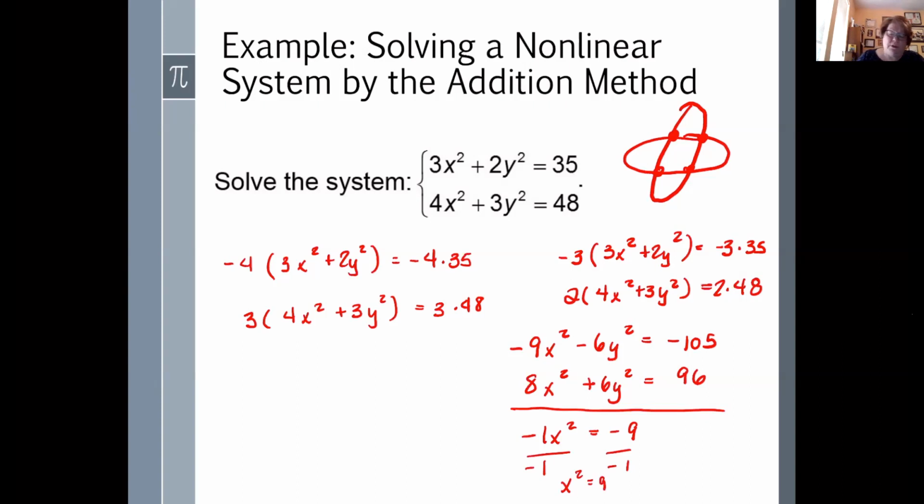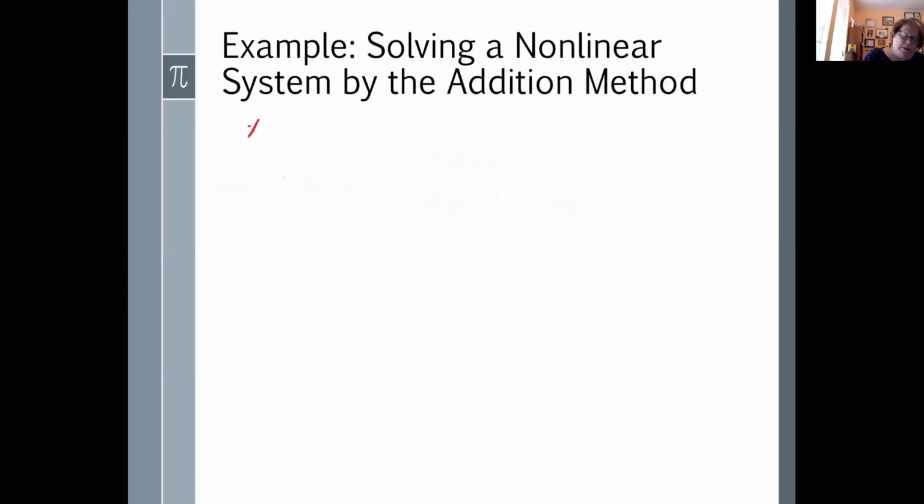All right, so I'm going to go to the new slide here. x squared equals 9. Now to solve this, this is a quadratic equation, and you can solve this by subtracting the 9 from both sides and then factoring it. You could do that. I'm just going to take the square root of both sides. When I take the square root of both sides, I have to put the plus or minus in there.